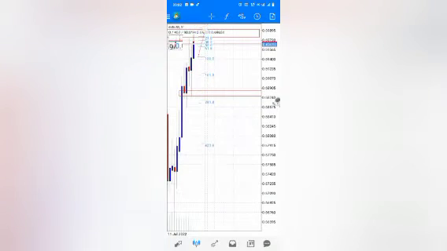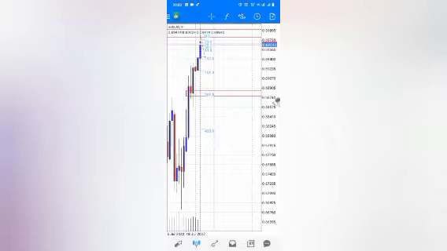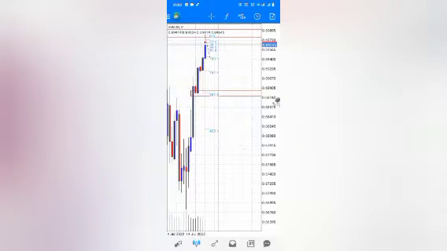I'm looking for the top of the candle, somewhere around here. Yeah, that's it. And then the low price of the candle.